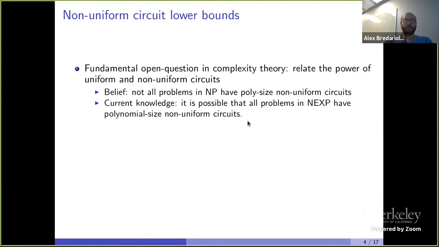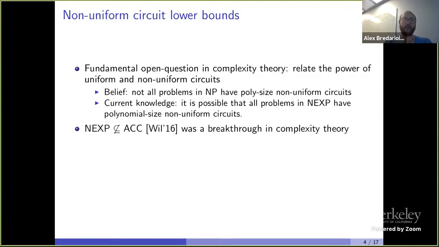But on the other hand, from what we know today, it could still be consistent with our knowledge that NEXP, the exponential version of NP, has polynomial size non-uniform families of circuits.